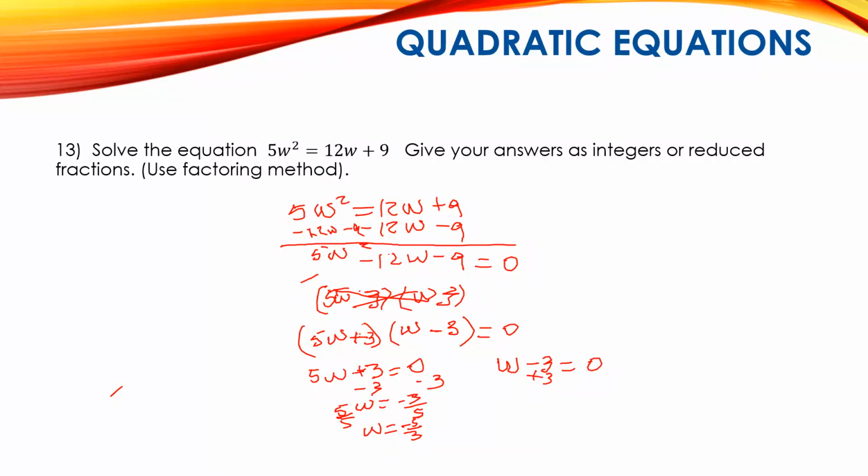It's 5w plus 3 here, and w minus 3 here, and I have to add the 3 to both sides. That will be positive 3, w equals 3. And we have two values for w: w equals 3 and w equals negative 3 over 5.